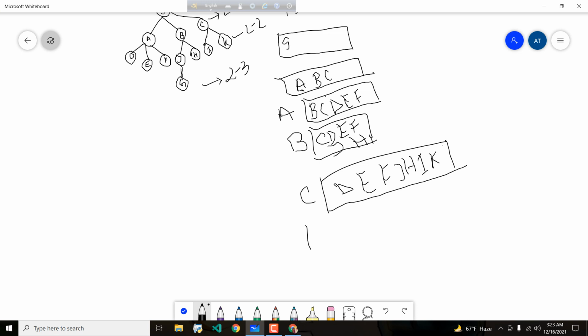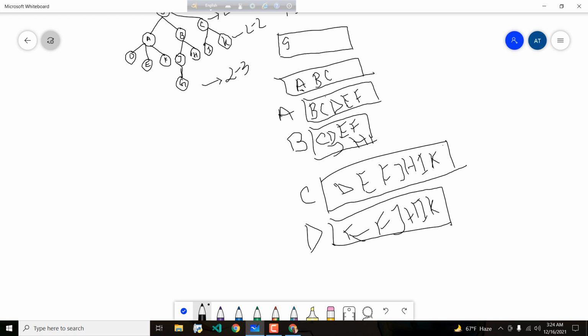Now we will expand node D. Does D have children? No, D node is not having any children, but we have E, F, J, H, I, K here in the fringe.